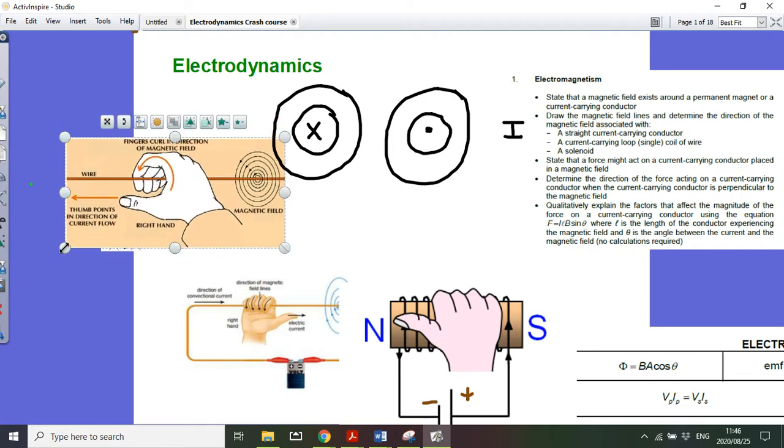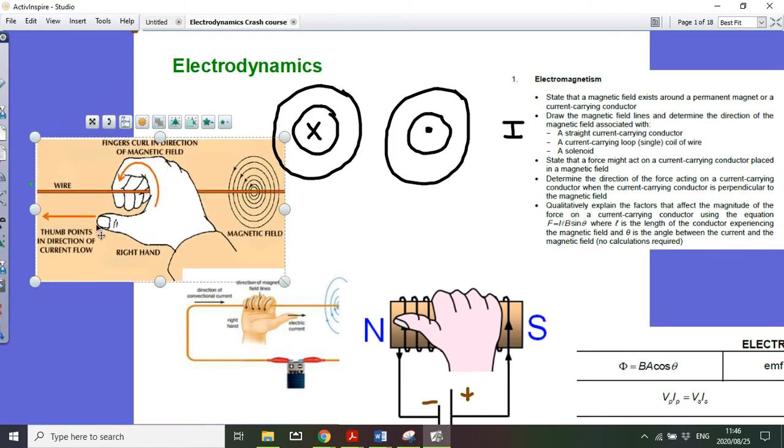You can see here, your thumb points in the direction of the current. Remember, we use positive to negative as the direction of conventional current. When it's electron flow, it will be in the opposite direction, but we generally work with conventional current, so from positive to negative.